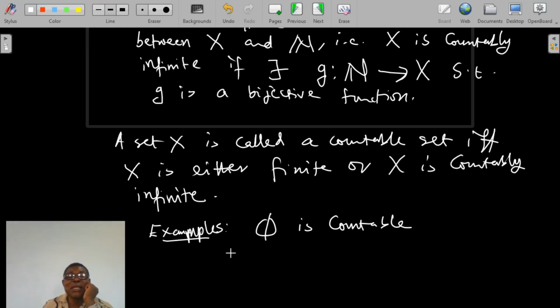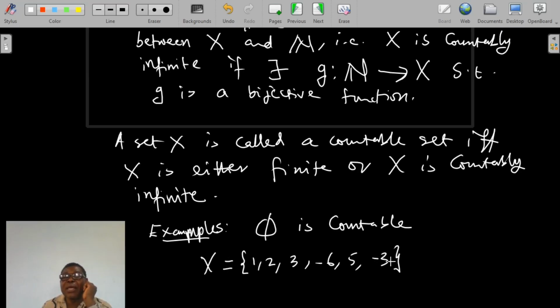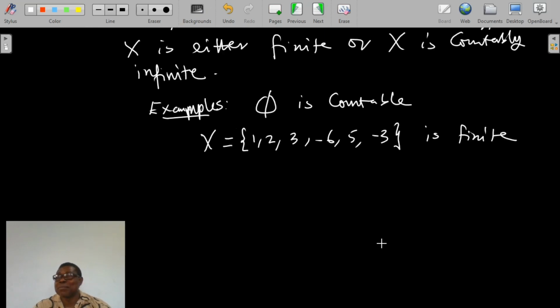The set, say X = {1, 2, 3, -6, 5, -3}, is finite because its cardinality is 6, which is a certain natural number, and therefore X is also a countable set.